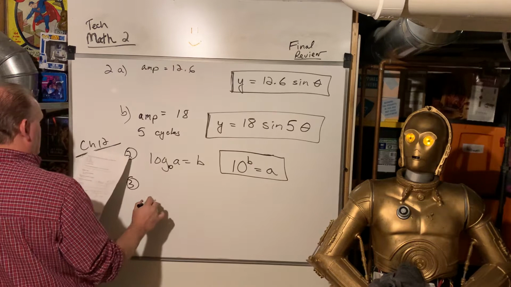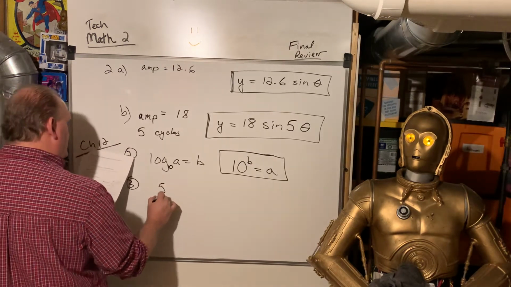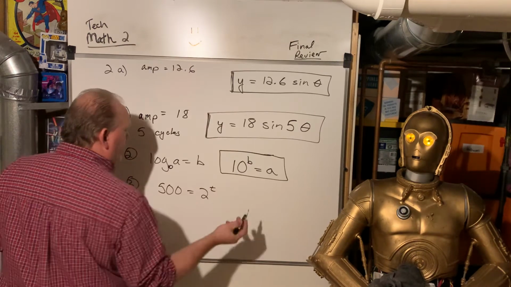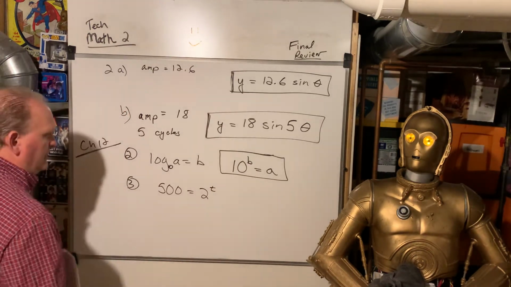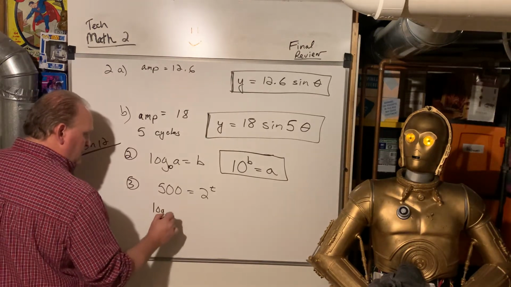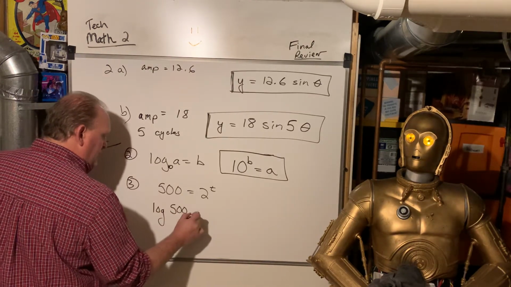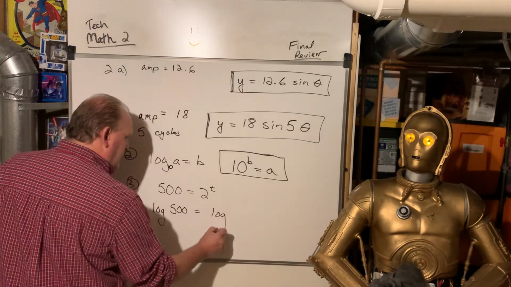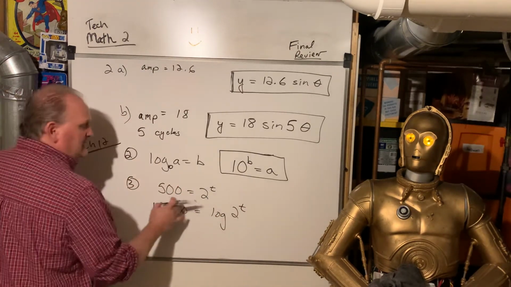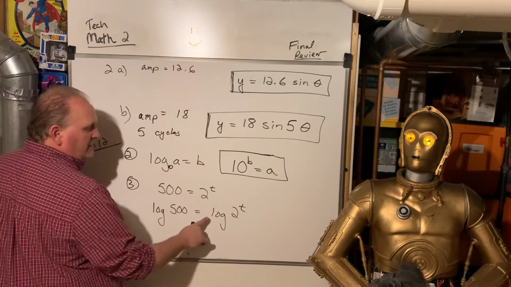3, solve for t. So this one we actually have to solve. So you could do this 2 ways. The way that I usually explain it is I say take the log of both sides. So you do the log of 500 and the log of 2 to the t power. Now why would you take the log of both sides of an equation? Well, because remember there's a rule.